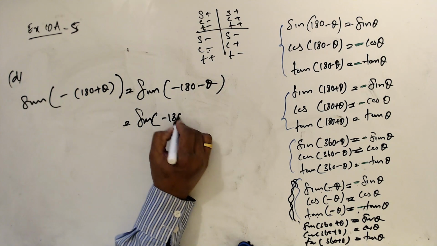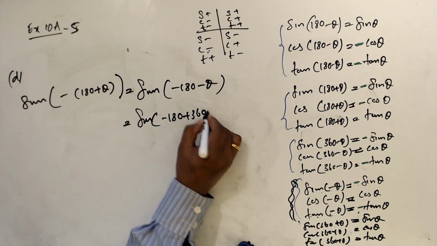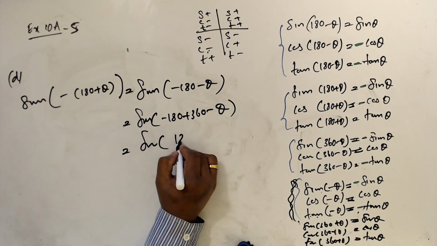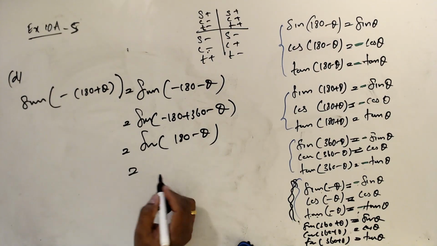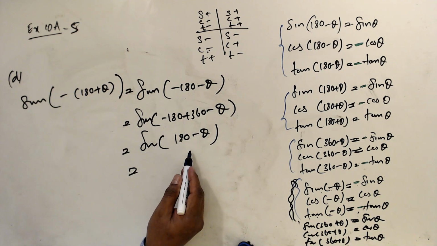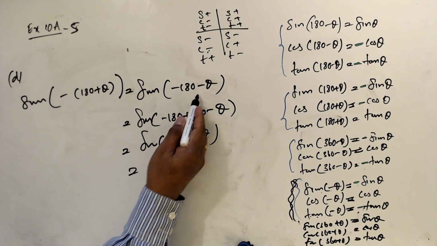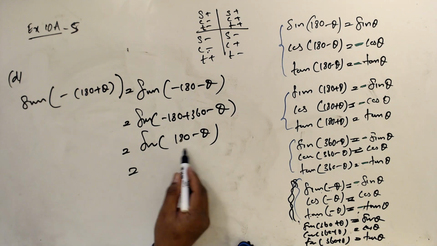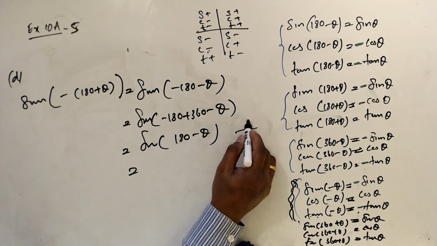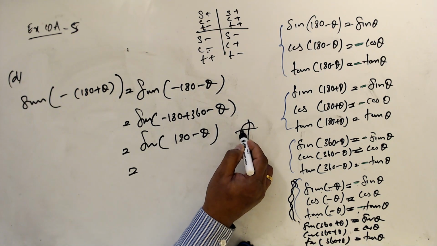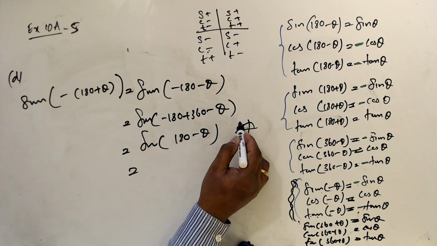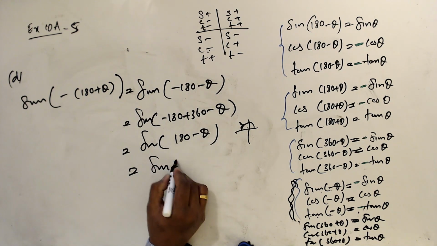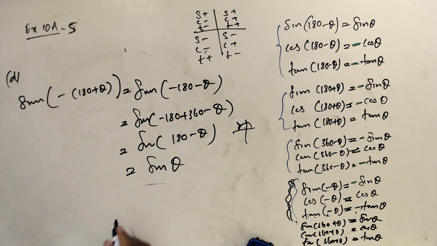Sine of minus 180 plus 360 minus theta makes 180 minus theta. So sine 180 minus theta. In which quadrant is 180 minus theta? Going back by theta, it is in the second quadrant. In the second quadrant sine is positive. That is sine theta.